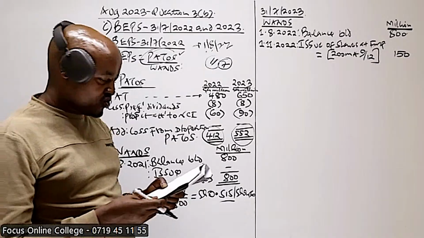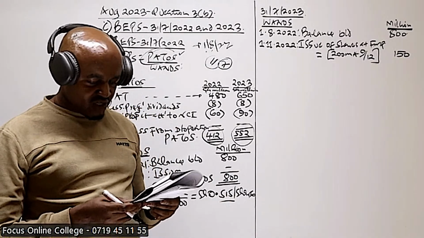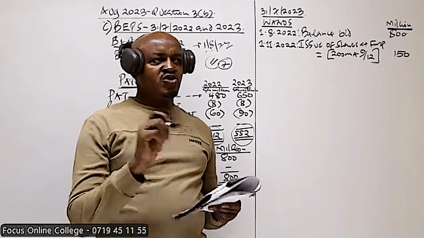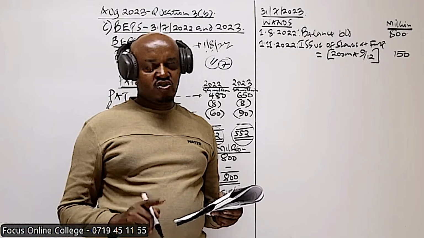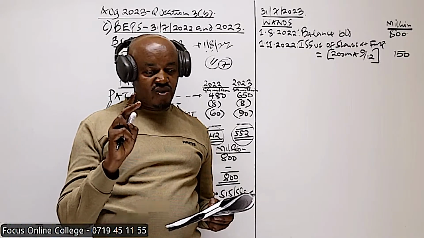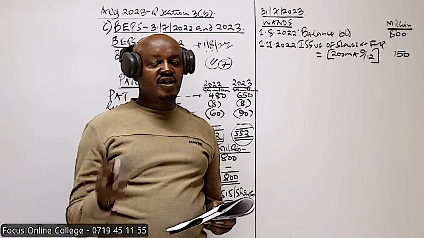Let's go to note 2. In note 2, we are told 300 million ordinary shares were issued for cash to the existing shareholders. Anytime you see an issue to existing shareholders for cash, this is a rights issue, because shares can be issued to existing shareholders in 2 forms: a bonus issue or a rights issue.